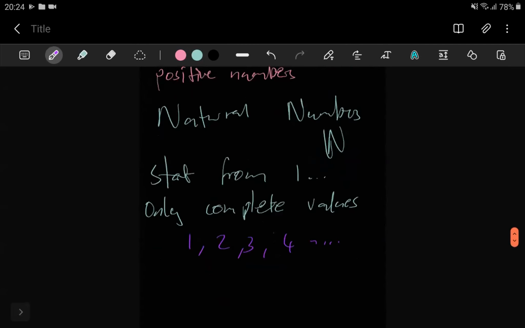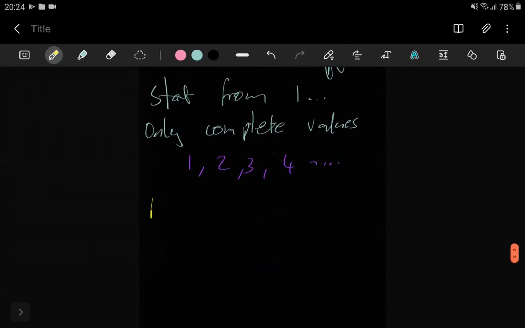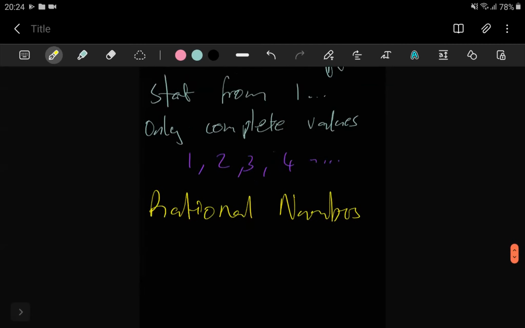So with all this being said, we also have another category of numbers, which are called rational numbers. The funny thing is, the easiest way to say it is all natural. With rational numbers, you have in there natural numbers, whole numbers, and integers.